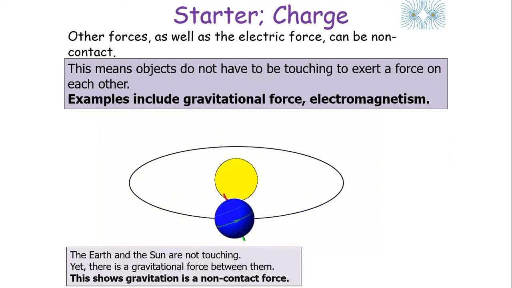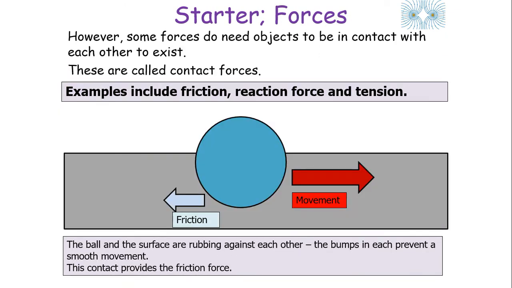The gravitational force, the electrical force, and the magnetic force are all examples of non-contact forces. The Earth and the Sun are not touching, yet there's a gravitational force between them, so gravitation is a non-contact force. However, some forces do need objects to be in contact with each other to exist, which we call contact forces.